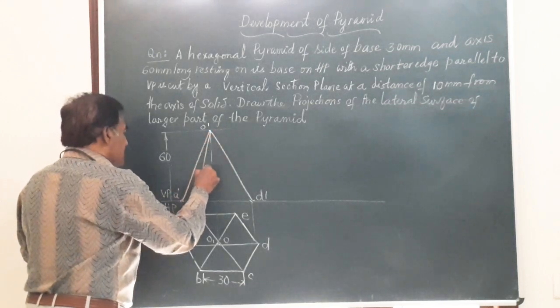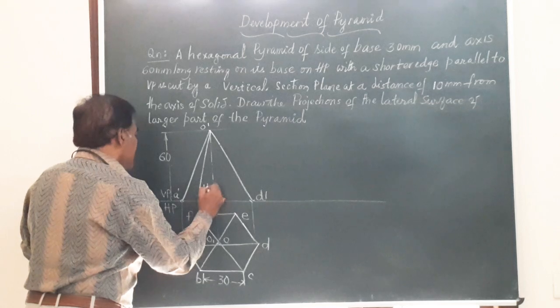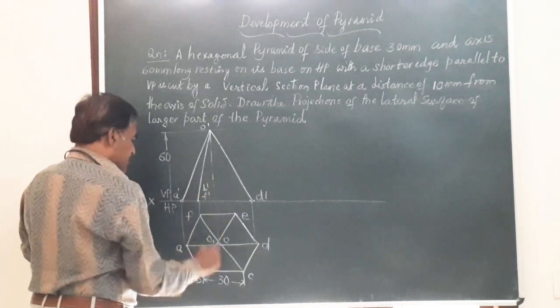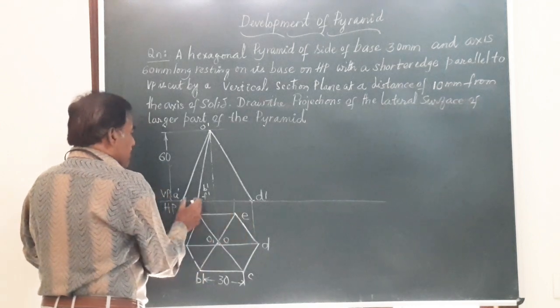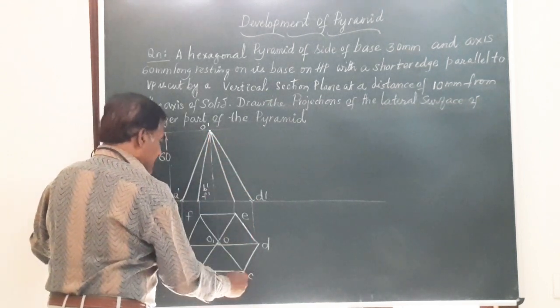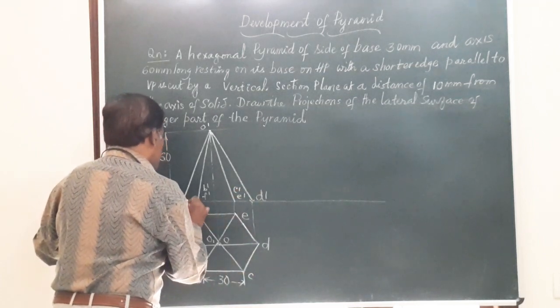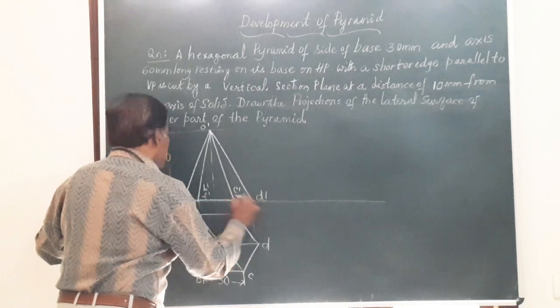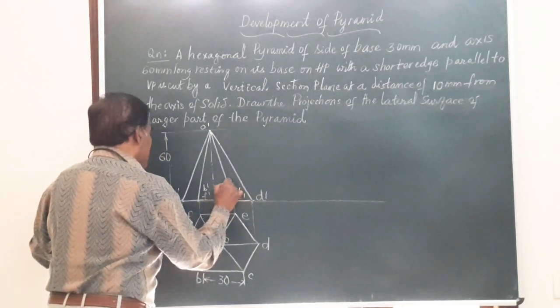Get these points, that is B dash F dash. One is B dash, other is F dash. Similarly, C and E will lie at the same distance from the corner, and mark them as C dash E dash. This is the bottom or the base of the solid. The center of the base is O1 dash.